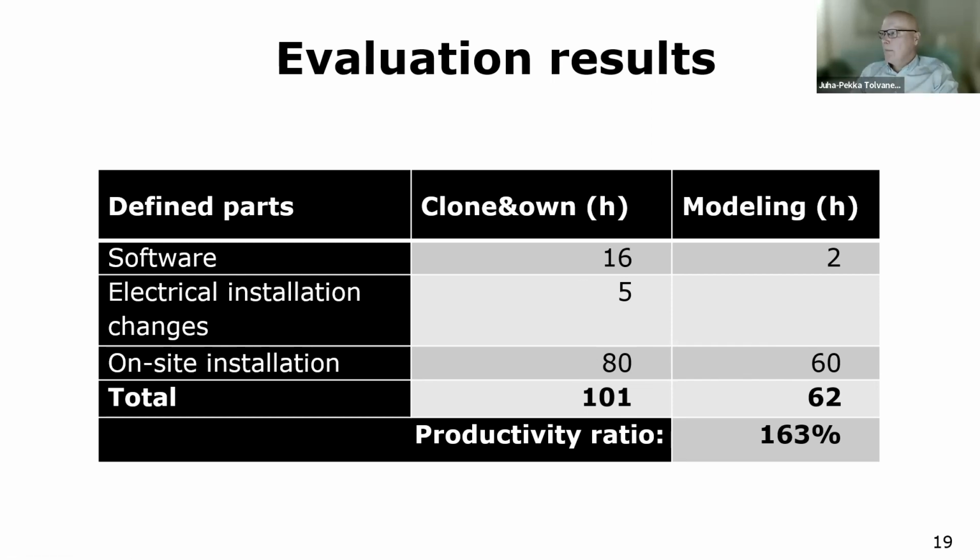So this is a quality impact, but you can see it influences the time needed. But obviously the productivity ratio is not so high because the installation takes a lot of time. But of course, time-wise, this saves a lot of hours, man days, to do it this way.